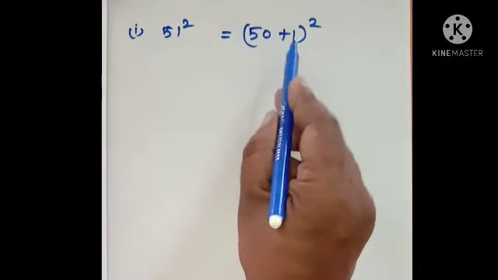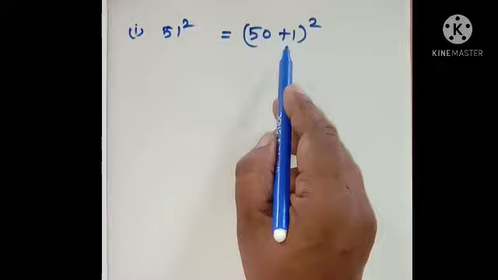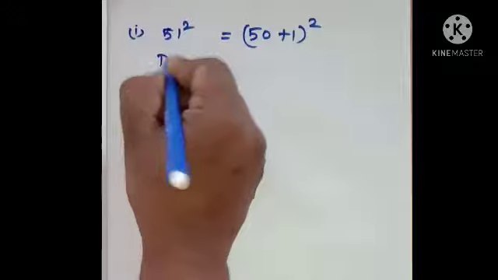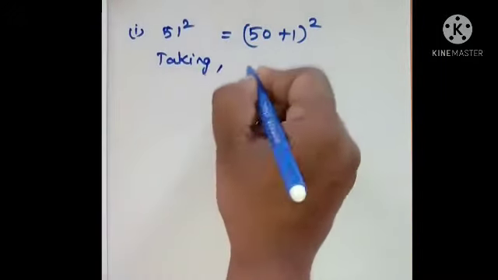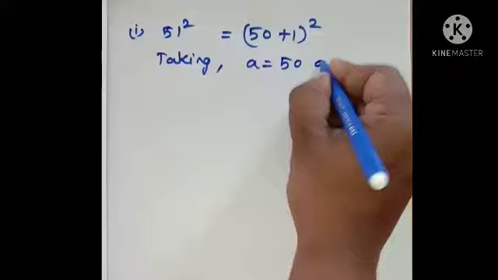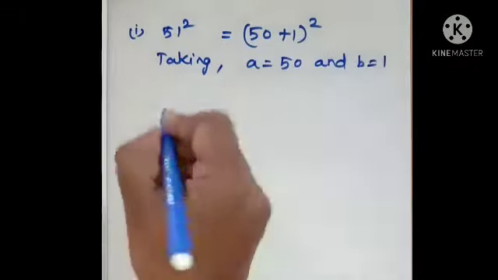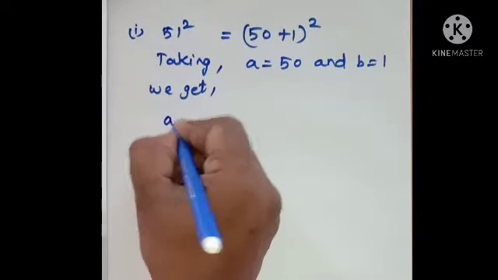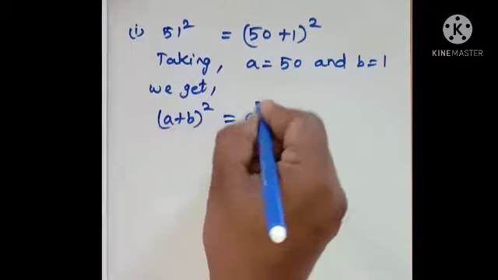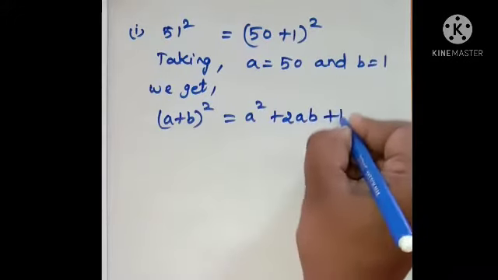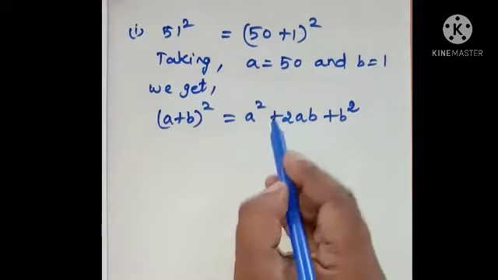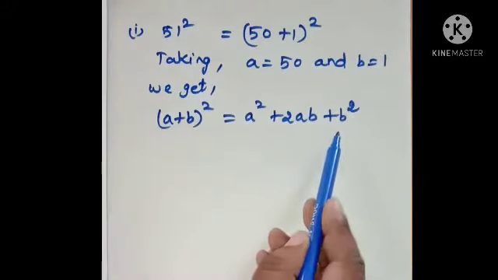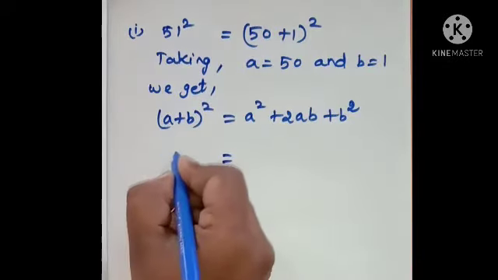And here we can use the identity (a + b)². Taking a = 50 and b = 1, we are using the identity (a + b)² = a² + 2ab + b².